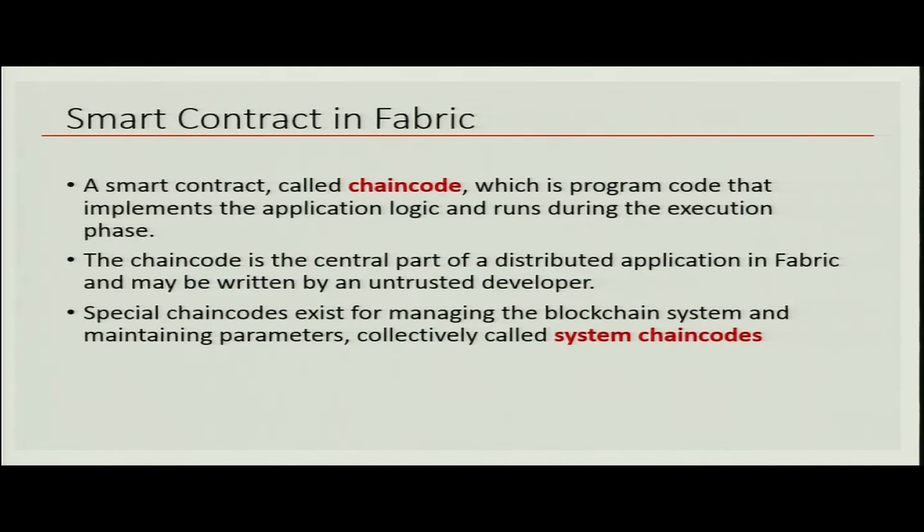Again, the smart contract is called chain code, which implements the application logic and runs during the execution phase. The chain code is the main thing in Fabric, and there are also system chain codes, as I said, that are used for managing the blockchain system, maintaining parameters, etc.